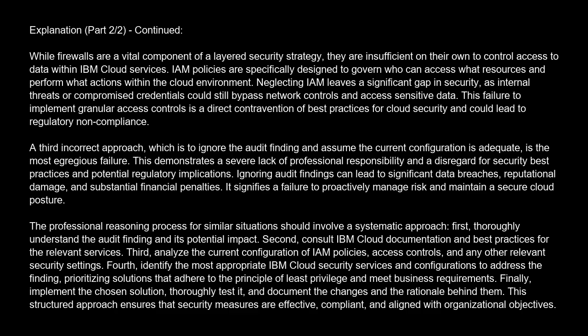Fourth, identify the most appropriate IBM Cloud security services and configurations to address the finding, prioritizing solutions that adhere to the principle of least privilege and meet business requirements. Finally, implement the chosen solution, thoroughly test it, and document the changes and the rationale behind them. This structured approach ensures that security measures are effective, compliant, and aligned with organizational objectives.